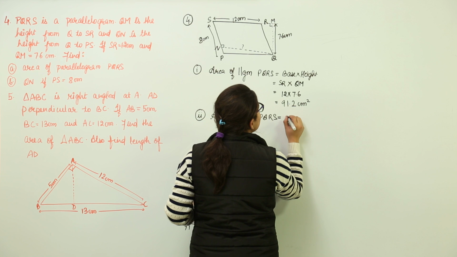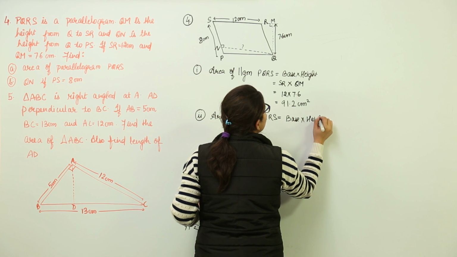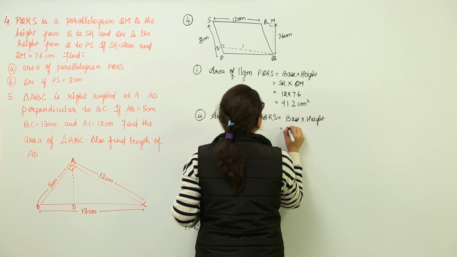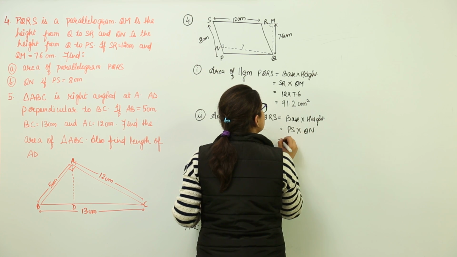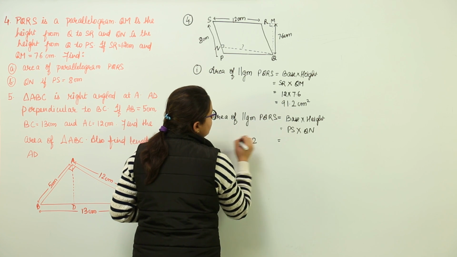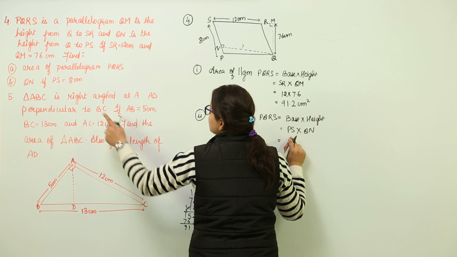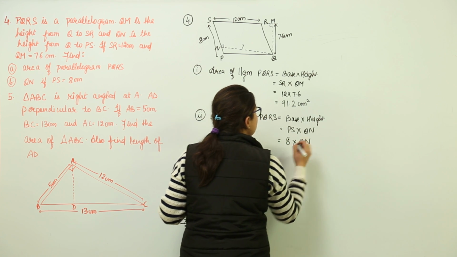Now you can write this as base into height only, where the base has changed to PS and the respective height would be QN. So you will get the area that has been calculated as 91.2. PS has been given to us as 8 centimeters and we have to find out QN.